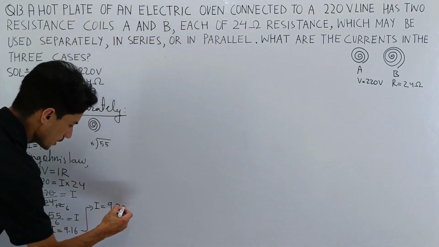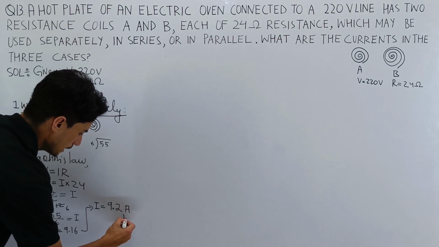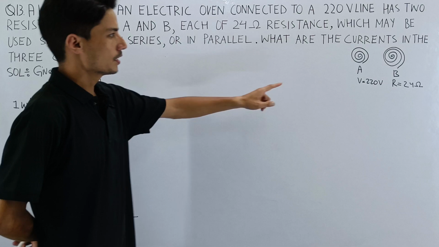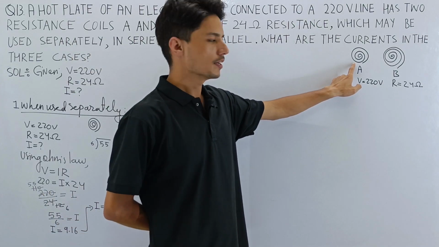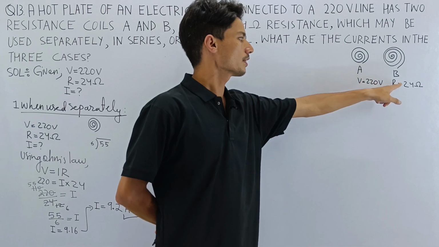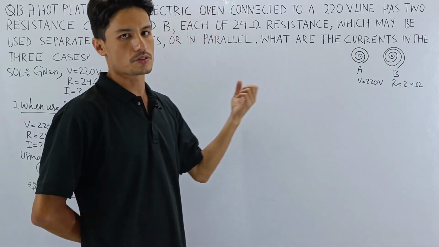So the answer becomes 9.2 amperes. The current flowing through each coil when they are used separately is 9.2 amperes. So 9.2 ampere current flows through A, and 9.2 ampere current flows through B also, because they are the same coils.